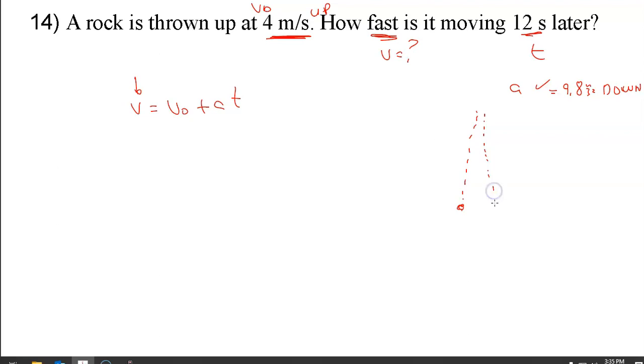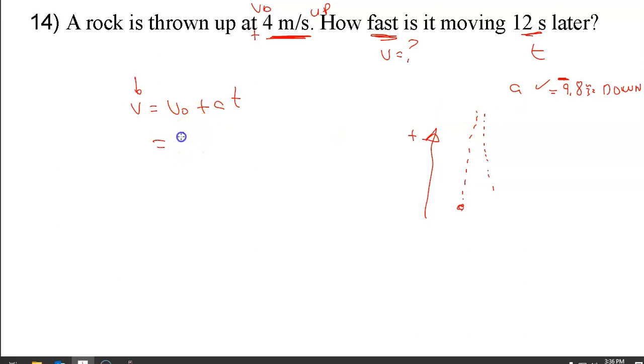Okay? Now, I don't know where 12 seconds, maybe it's still going up after 12 seconds. Maybe it's reached the top and it's coming back down. We just don't know. But the formula does. So if you'll just put the numbers in, see what it says. V naught was 4. Let's call up positive, shall we? That would make this guy that's pointing up positive, and it would make the acceleration, which is down, negative.